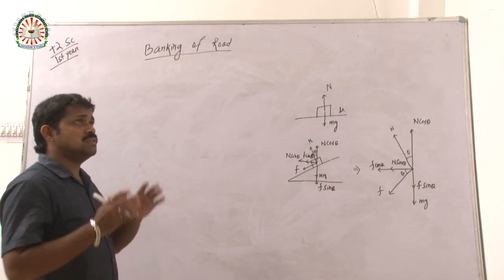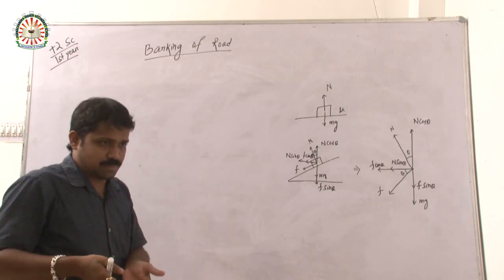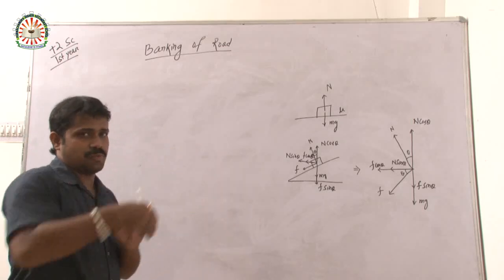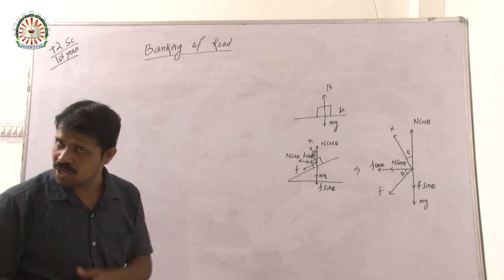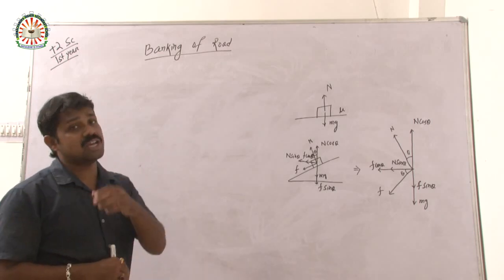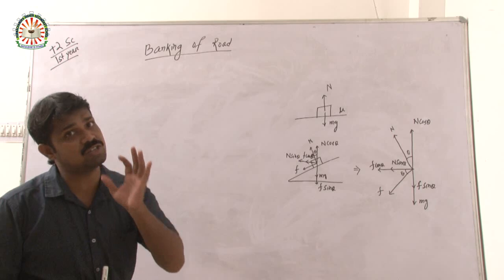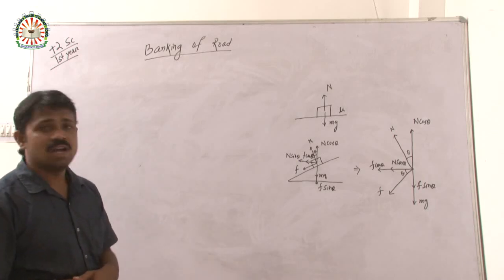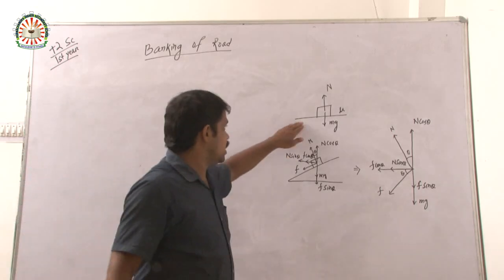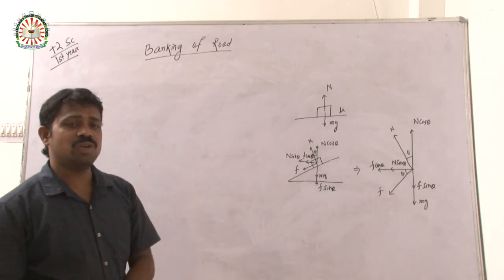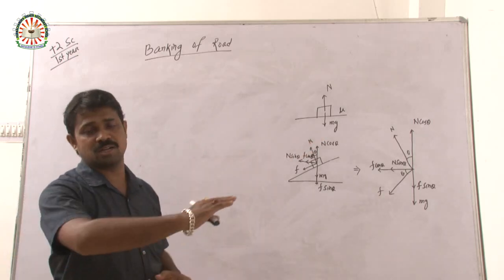Now, in this type of motion of a car in a curved path, the necessary centripetal force is provided by the frictional force. Look here. First of all, we assume that the road is a horizontal path.